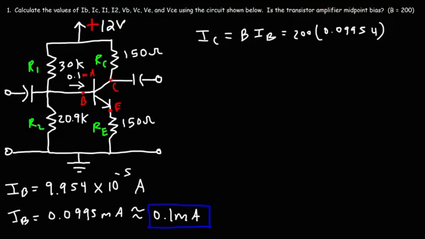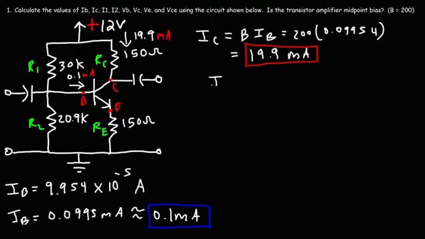So 200 times that number gives us a collector current of 19.908, which we're going to round to 19.9 milliamps. That is the current flowing through RC. So that's 19.9 milliamps.